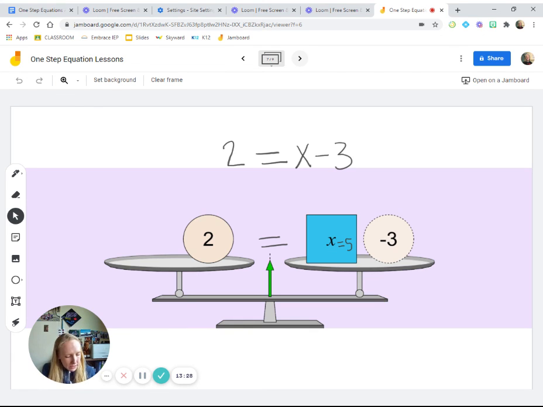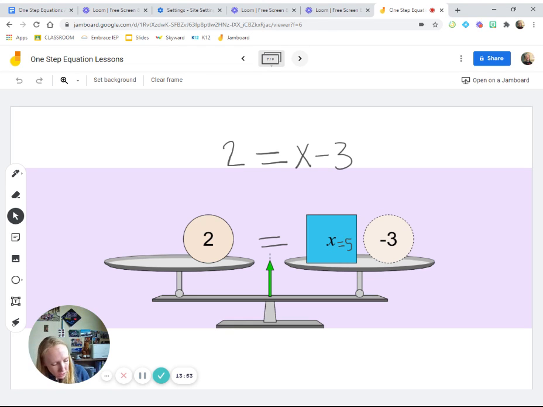So think about it like this. 5 minus 3 equals 2. And we can read it the other way. 2 equals 5 minus 3. Okay? So then, again, we have to make sure we say what x equals. We have to answer and tell, what does the variable equal?